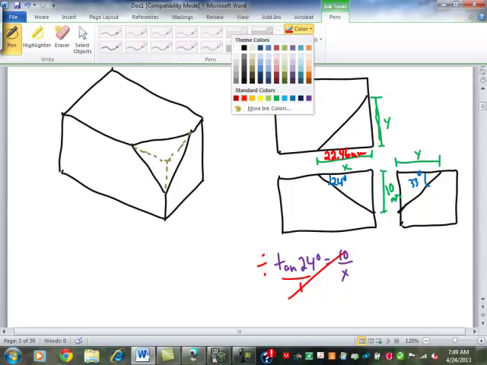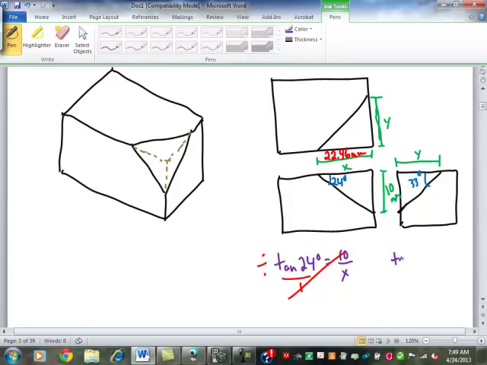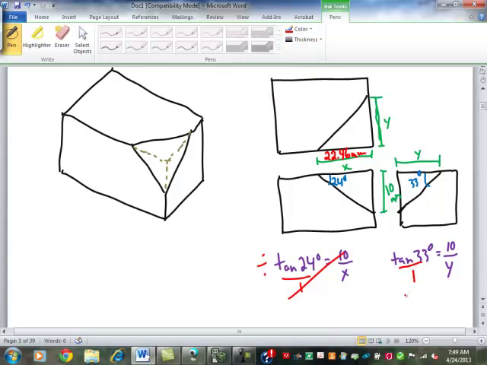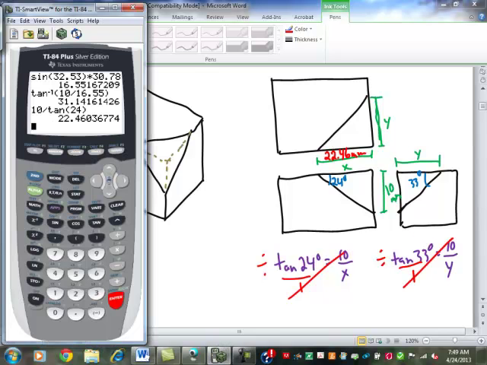And then for Y, same thing. Tangent of 33 degrees equals opposite, which is 10, over adjacent, which is Y. Put this over 1, cross multiply and divide. It's 10 divided by the tangent of 33, giving us 15.40.